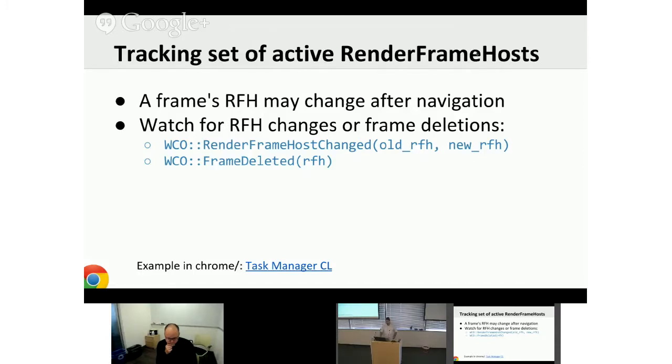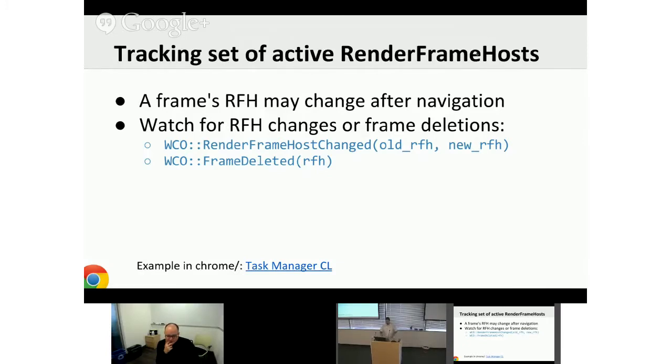The corresponding opposite method is frame deleted. We fire this every time a frame is removed from the frame tree, or when we completely destroy the web contents, because the top level frame is tied to the lifetime of web contents. You can look at that task manager CL if you want to see example usage of those methods.